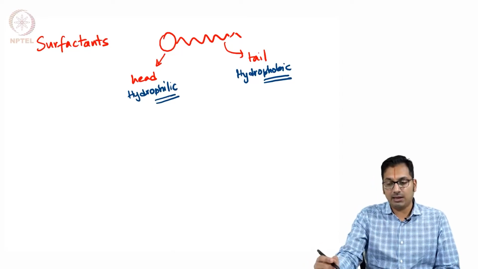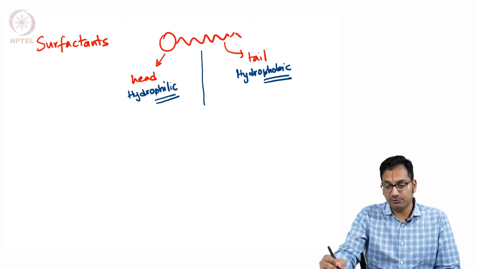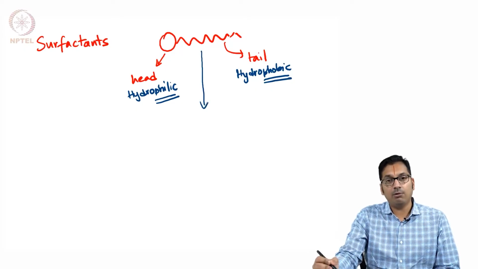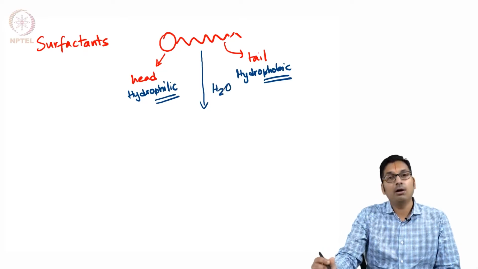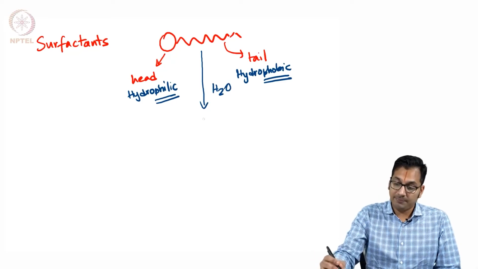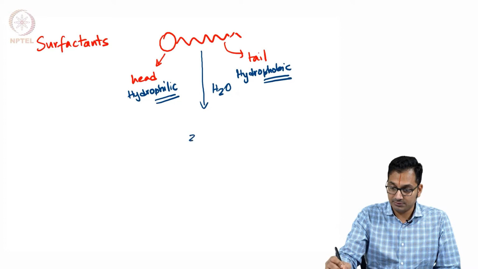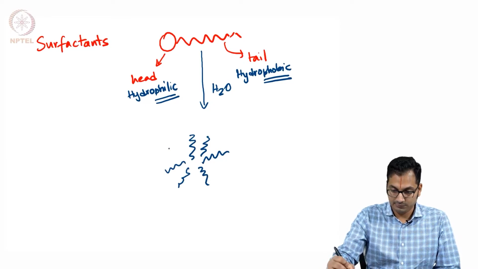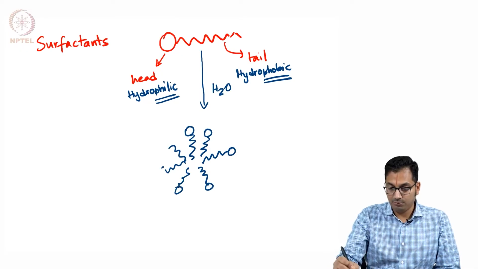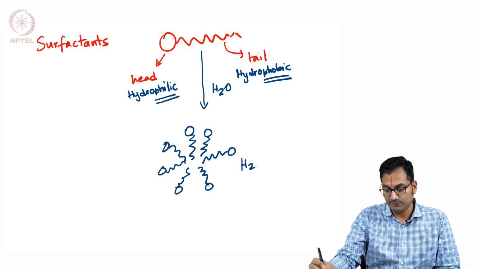So with these kinds of molecules, when you add a lot of them to water, all the hydrophobic groups bunch up together, while the hydrophilic head groups point towards water.